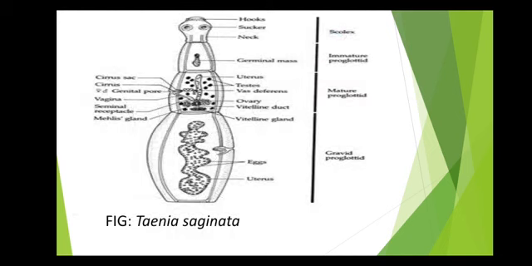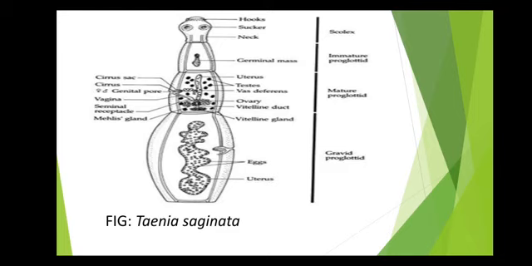Next example, you can see the structure of Taenia saginata. Taenia saginata is commonly called the beef tapeworm. It lives in the intestine of beef eating persons. Its intermediate hosts are cattle and buffaloes.